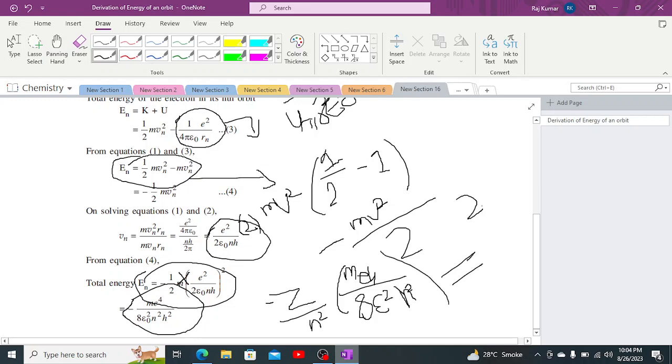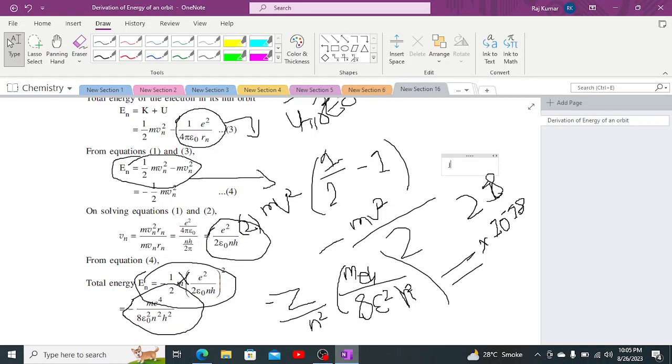When we calculate this constant value, we will have our answer as 2.18 into 10 to the power minus 18. As we know, this value is for atoms; it is the value in joules per atom, which means in order to convert it into kilojoules per mole, we need to multiply it by Avogadro's number and divide it by 1000.